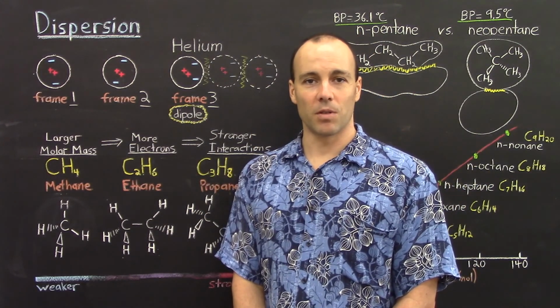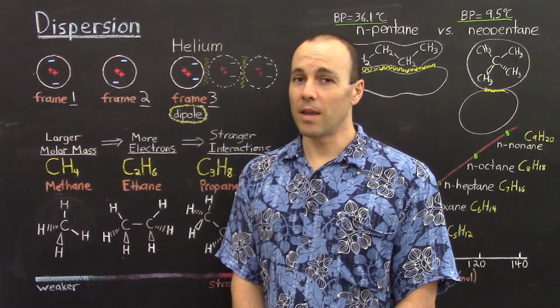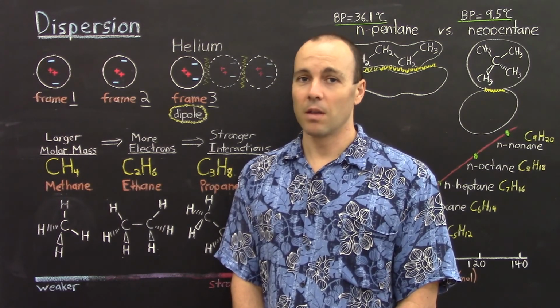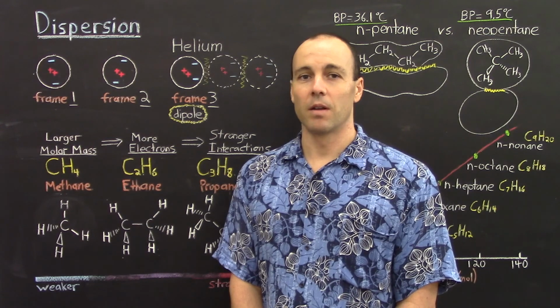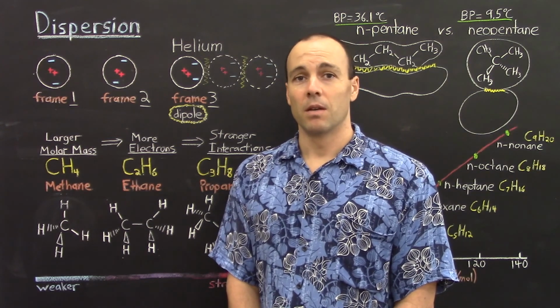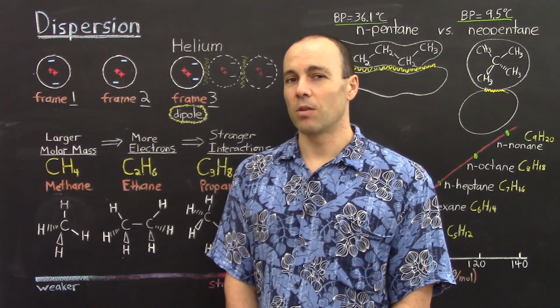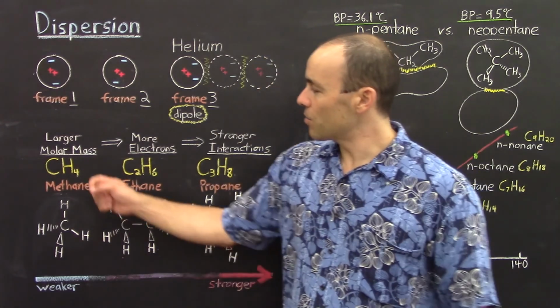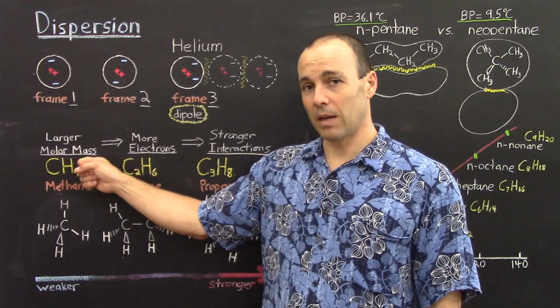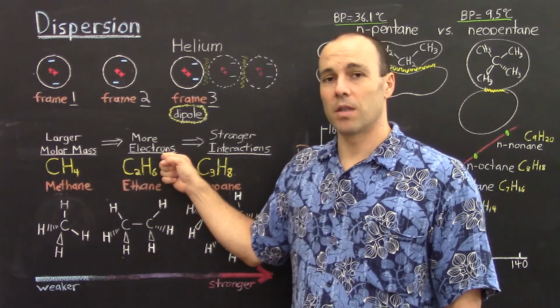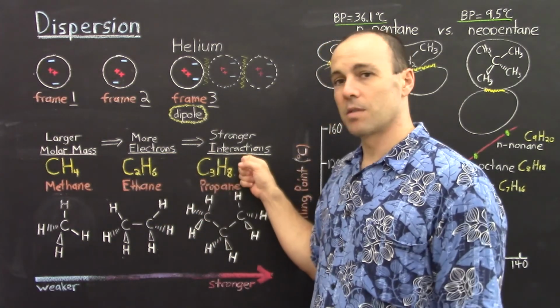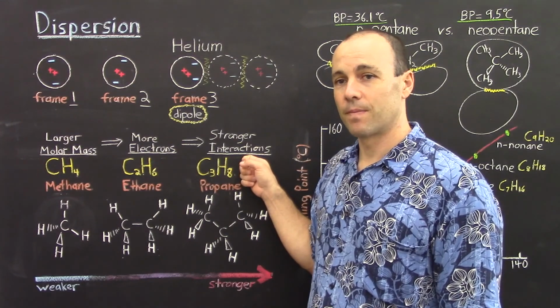Now, molecules are larger than atoms, and they contain more electrons. And the more electrons there are, the larger the ability for dispersion interactions to arise. And that's the trend that we see. The larger the molar mass of a molecule, the more electrons there are, and the stronger the dispersion interactions.